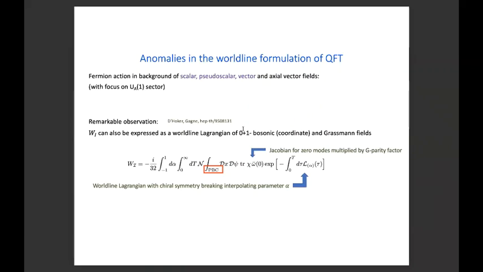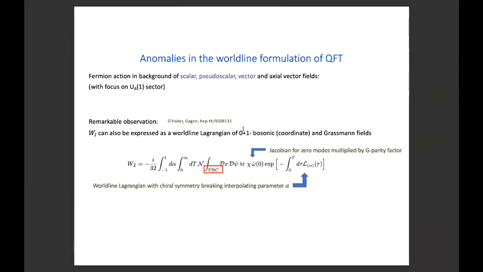It has a very similar Worldline Lagrangian to the previous slide, except that you have to introduce an interpolating parameter alpha, which you integrate over, which manifestly breaks global chiral symmetry, where for -1 you have left-handed and for +1 you have right-handed chiral fermions.